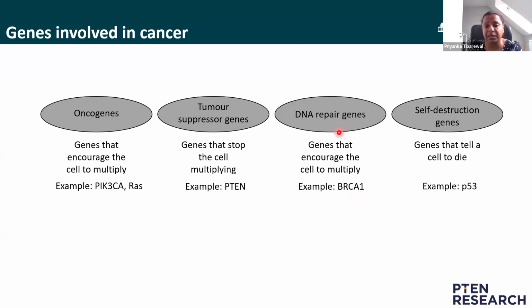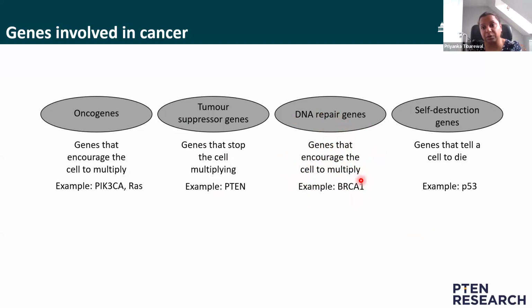You've got DNA repair genes. These genes basically, when you have a mistake during replication, as I showed you earlier, are the genes that repair that mistake. So BRCA1 is an example of a DNA repair gene. What BRCA1 basically does is tell the cell, you made a mistake, you need to correct this error.